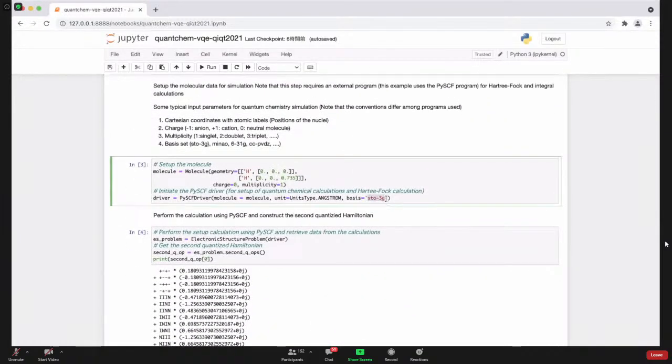But one thing is that changing the basis set is important, because H minus is an anion, so it becomes delocalized. Correct. So you need more basis functions to describe the delocalized distribution. So that's one thing.